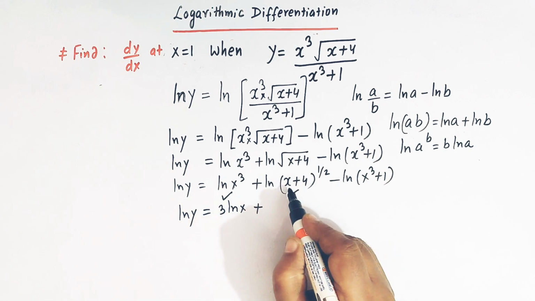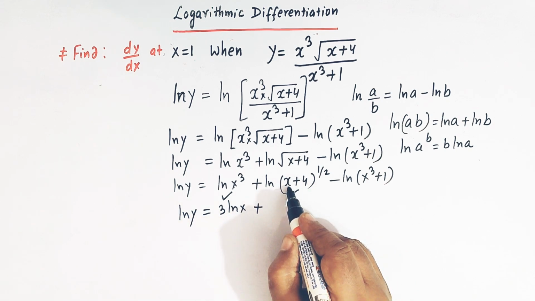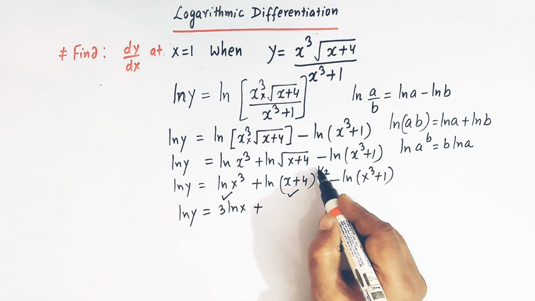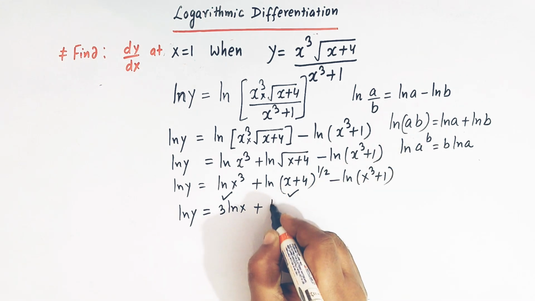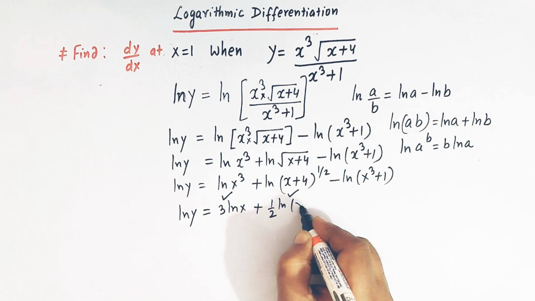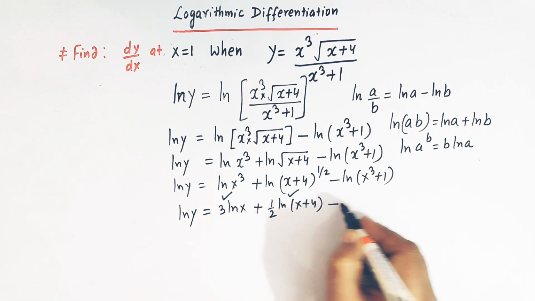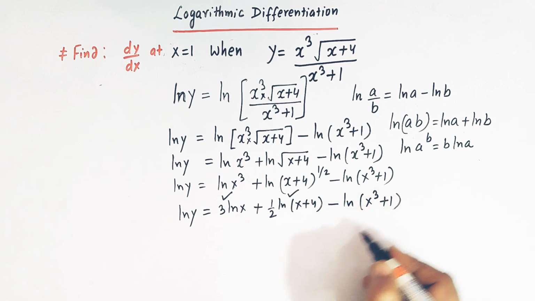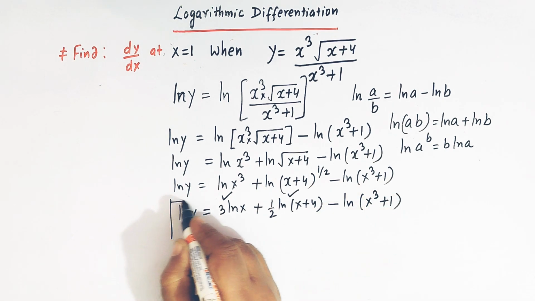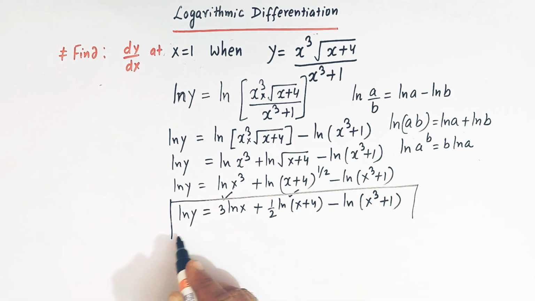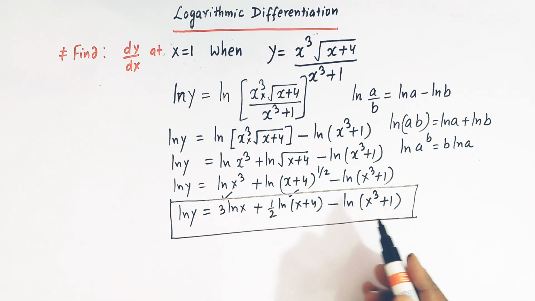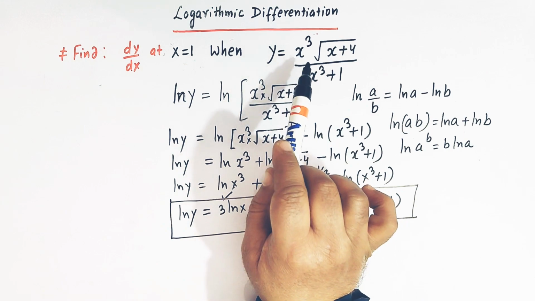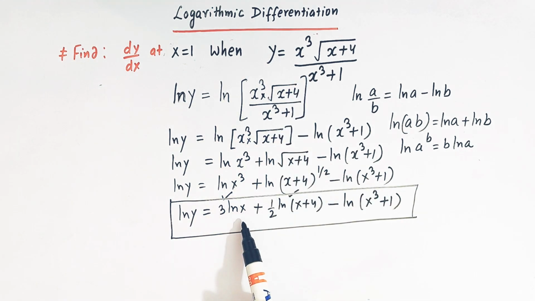And in the second term, a is x plus 4 and b is 1 over 2. So we have half log of x plus 4 minus log of x cube plus 1, right? So viewers, with the help of logarithms, we have redefined this function like this.